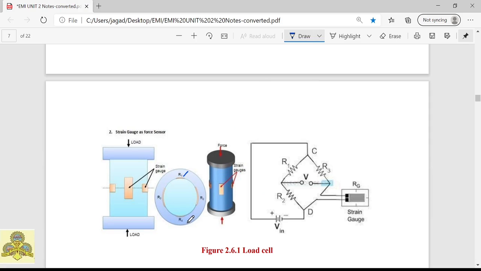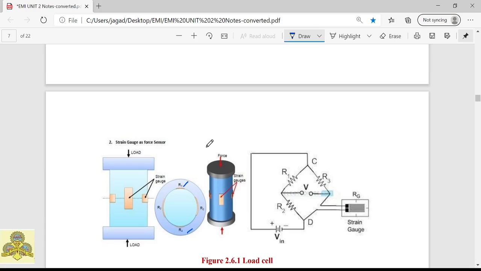Two strain gauges, R1 and RG, are along the cylinder. This is R1, RG is on the other side. This is along the cylinder, and R3 and R2 are circumferentially connected. That means they are connected like this.